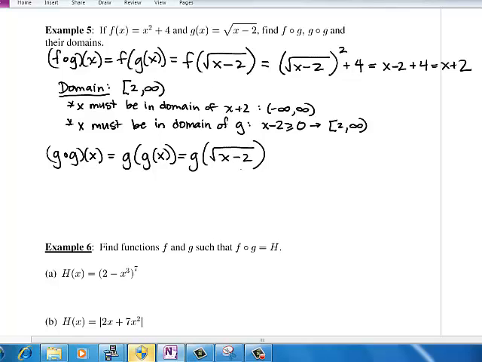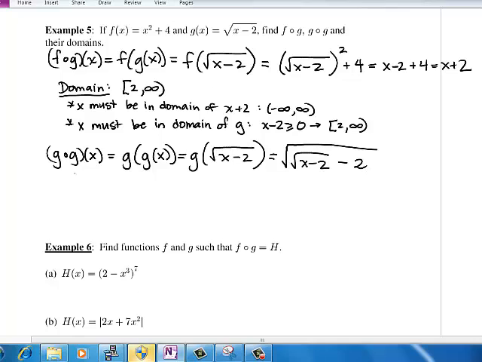And then this is telling us to use square root of x minus 2 as the input for g. g says take the square root of the input minus 2. And this time the input is the square root of x minus 2. So we've got these nested square roots for g composed with g, which looks strange, but that's what we have to do.